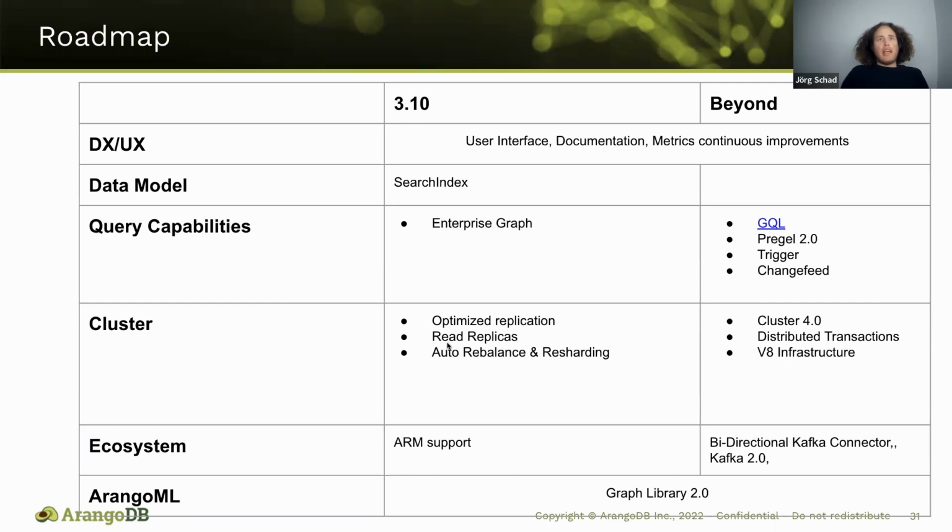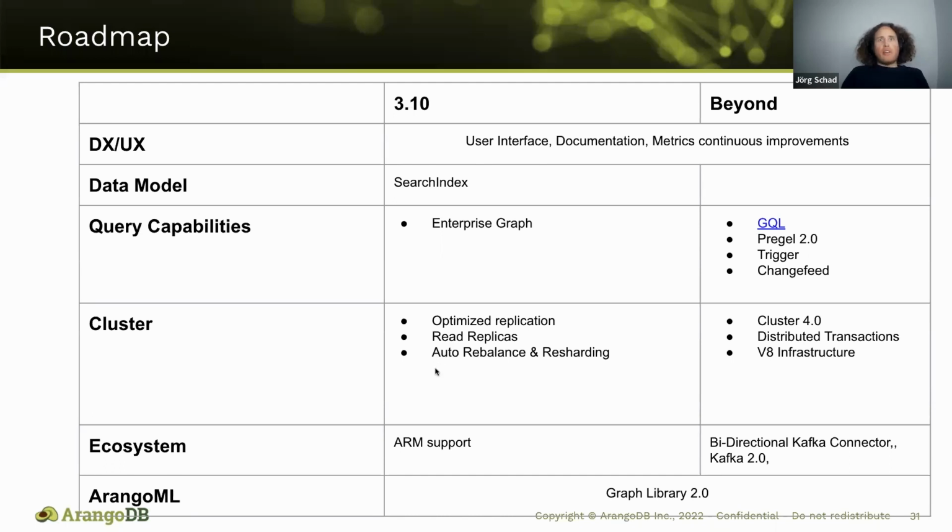In 3.10, you will be able to contact also the replicas, which are only there for fault tolerance for now, for having, for example, long analytical read queries and not have this workload on the main leader in the cluster as well. So it kind of allows you to utilize your cluster better and also to have write workload not interfering with your more analytical read workloads.